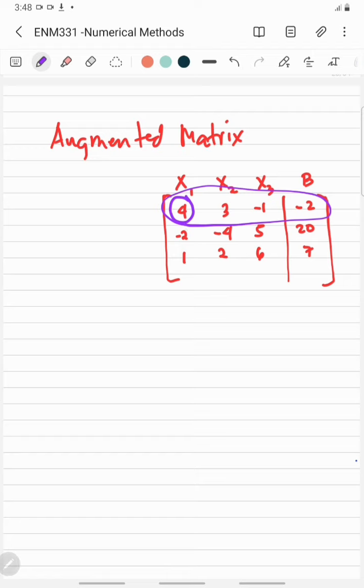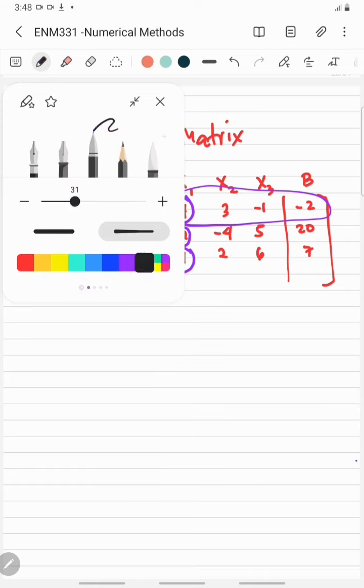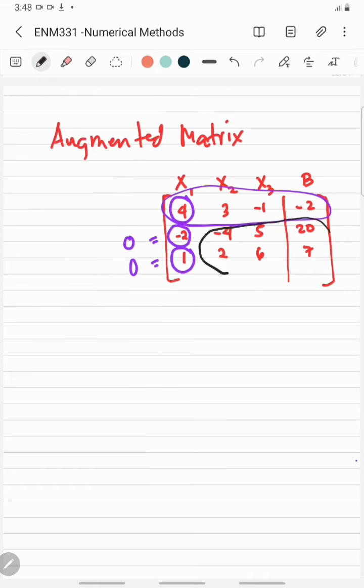Then the first element of the second row and also the first element of the third row, we have to make all equal to 0. And the remaining elements of row 2 and row 3 we will have to change.